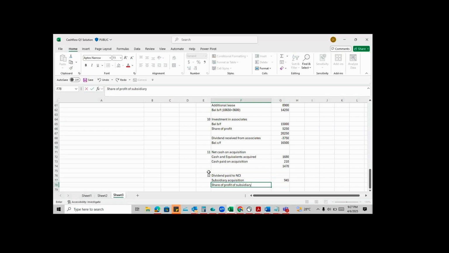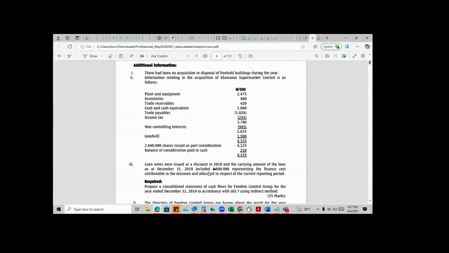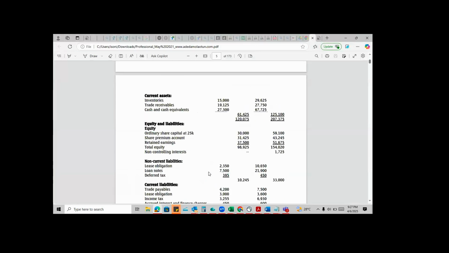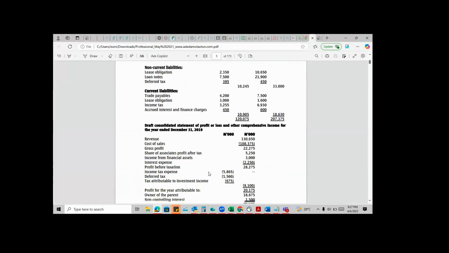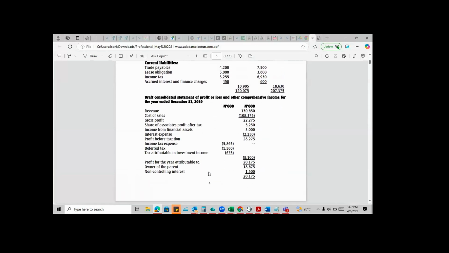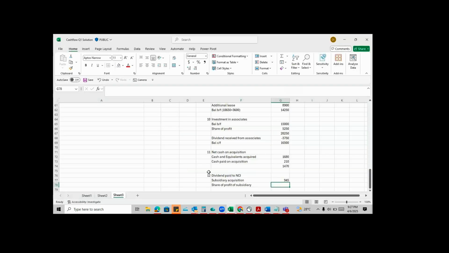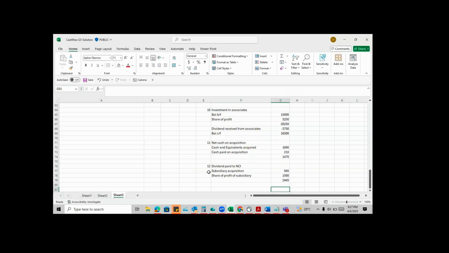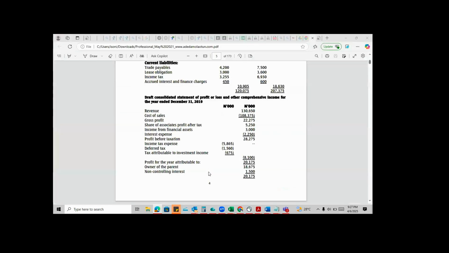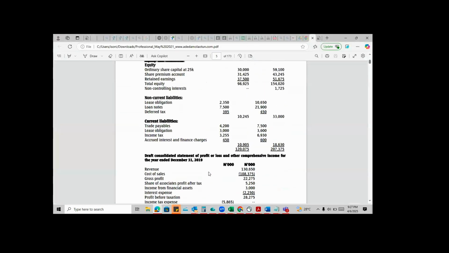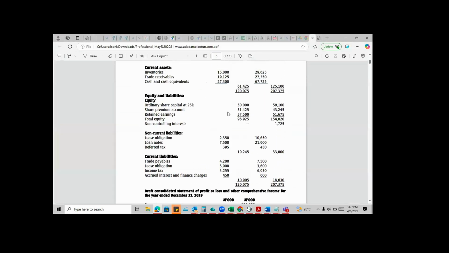So we are going to see that in our income statement where they broke down the profit attributable to NCI. They told us it was 1,500. All right. Total that, you say this is what their balance should be. But when you look at the SOFP, what is the balance of NCI you have there? The balance is 1,725.